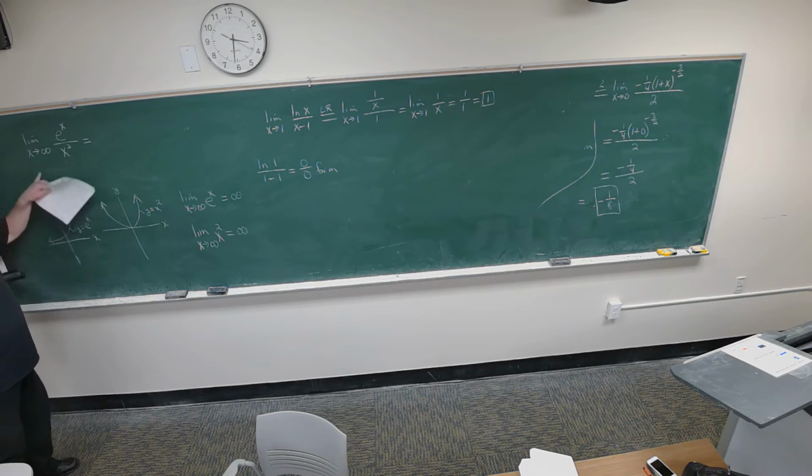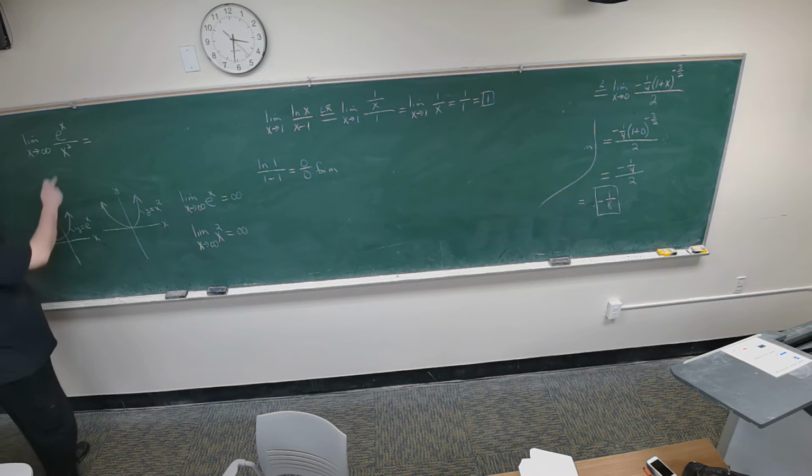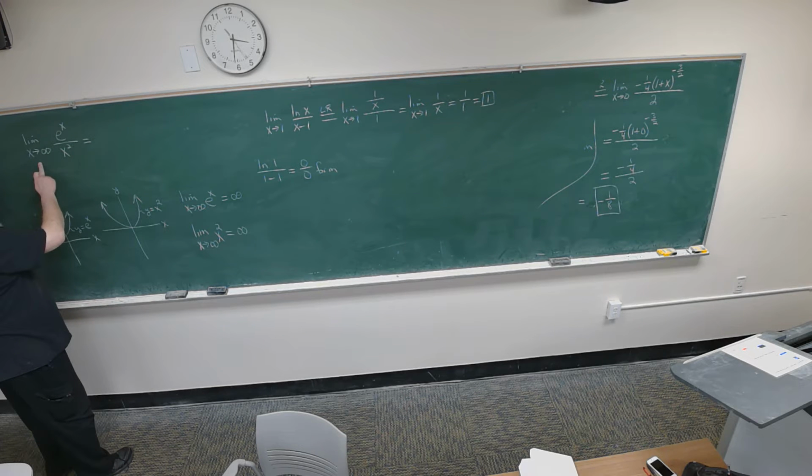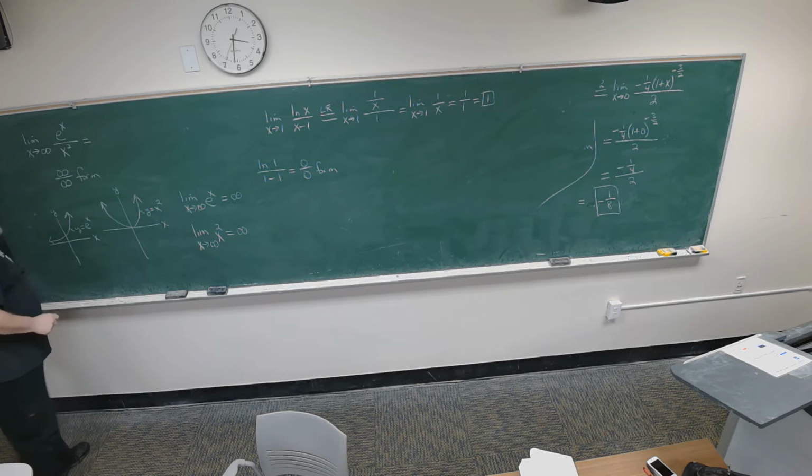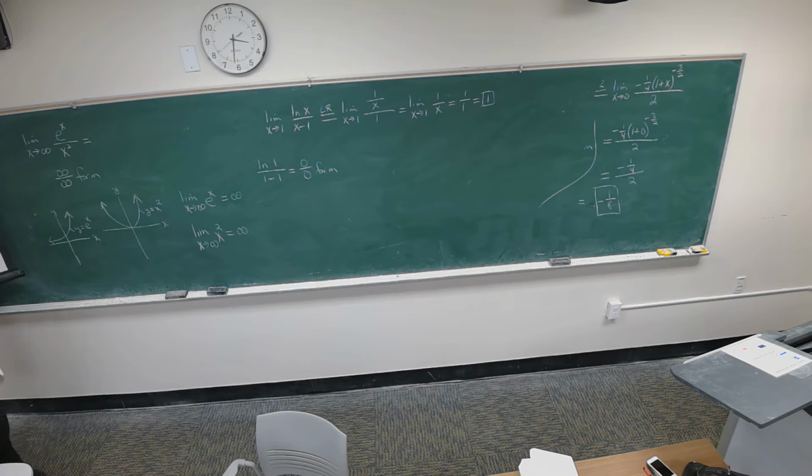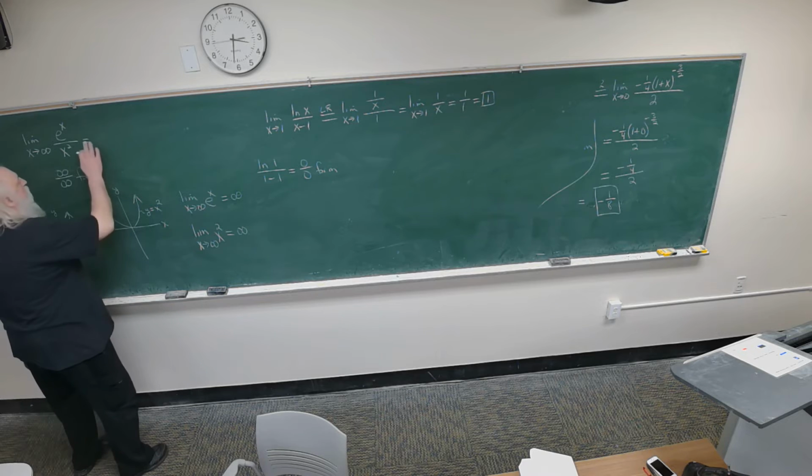So as x increases without bound, the numerator increases without bound and the denominator increases without bound, and so we have infinity over infinity form, an indeterminate form. And we can apply L'Hopital's rule.